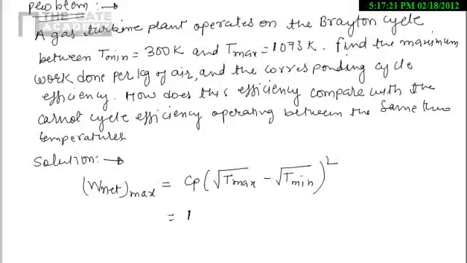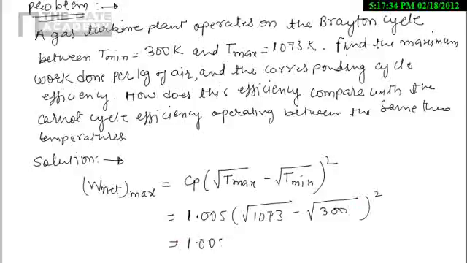So we have 1.005 into, if we solve it, 15.43 squared, which gives 239.28 kilojoules per kg. Now we will find the cycle efficiency.